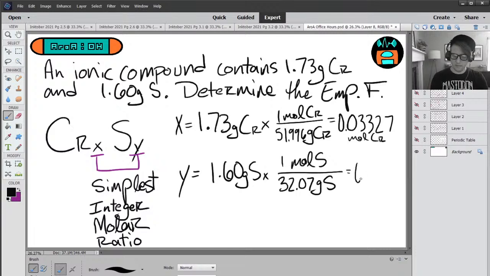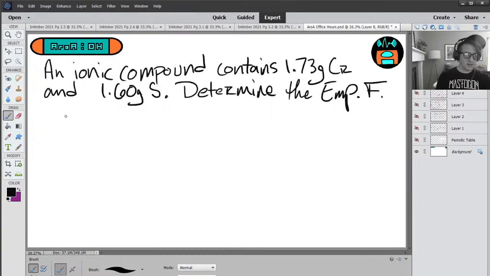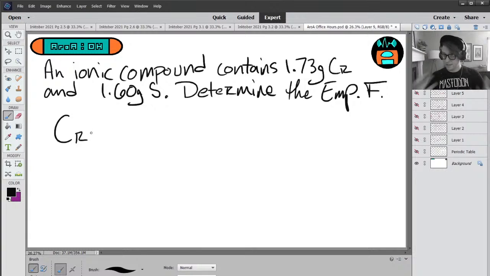This comes out to be 0.04989 moles of sulfur. All right, so now that we have these values, we can plug them in as the values for our empirical formula.